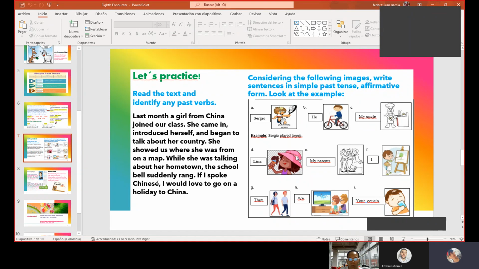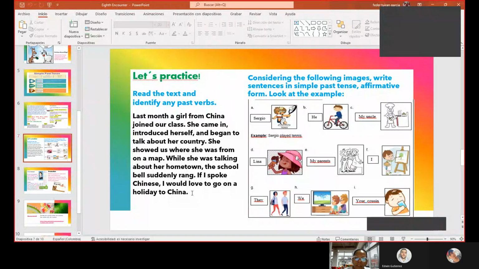While she was talking about her hometown, the school bell suddenly rang. If I spoke Chinese, I would love to go on a holiday to China. Okay, thank you so much.